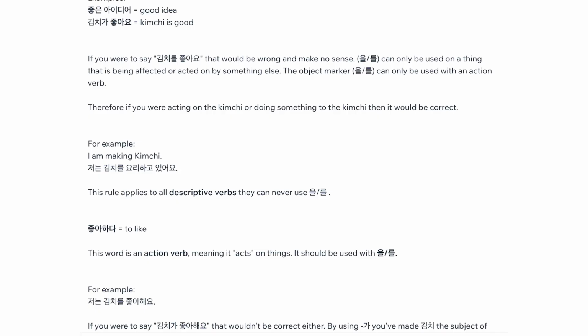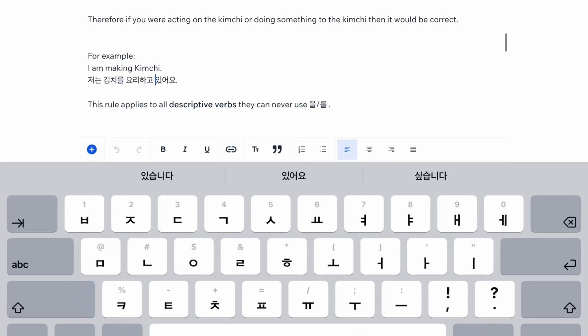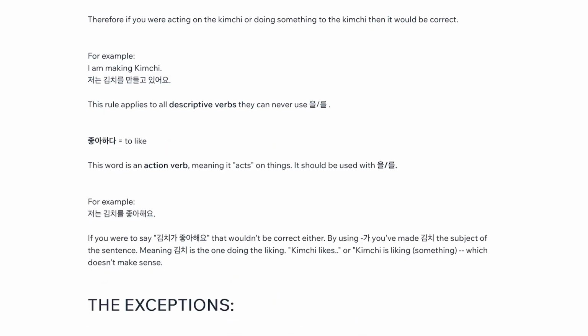I probably would do the word for to make more than this. 만들고 있어요. To make. 만들고 있어요. I am making kimchi. So this rule applies to all the adjectives. Can never use 을 and 를 with an adjective, right?